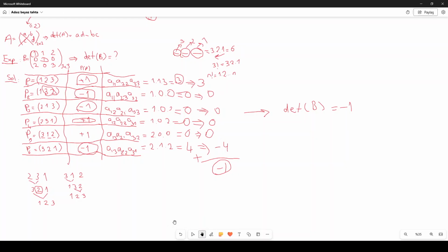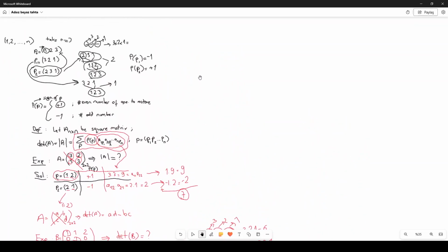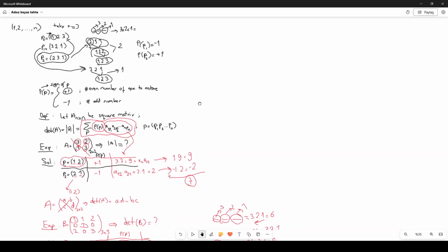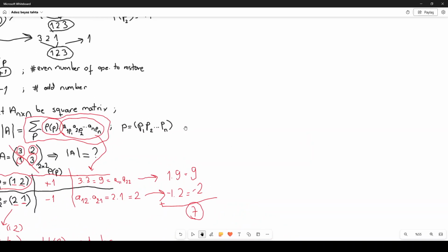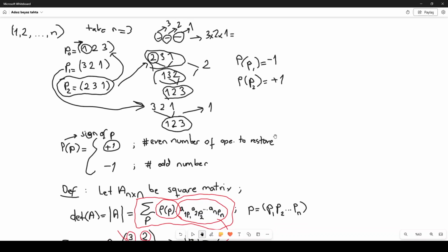Alright guys, I guess you enjoyed this video and you understand what a permutation is and how we can find the sign of a permutation. Okay, let's recap this lecture. So we start with a permutation. And what is a permutation? Given n elements, a permutation is nothing but a rearrangement of these n elements in some arbitrary ordering.